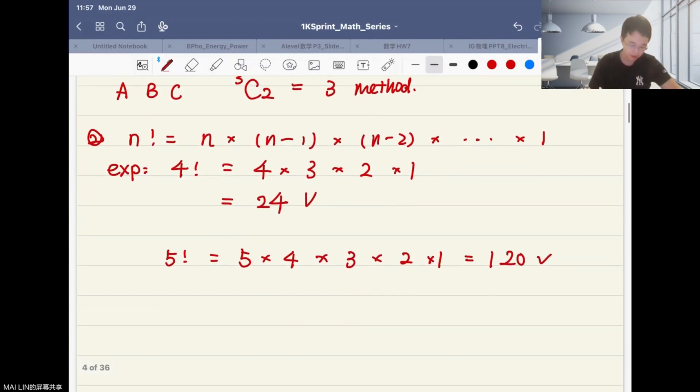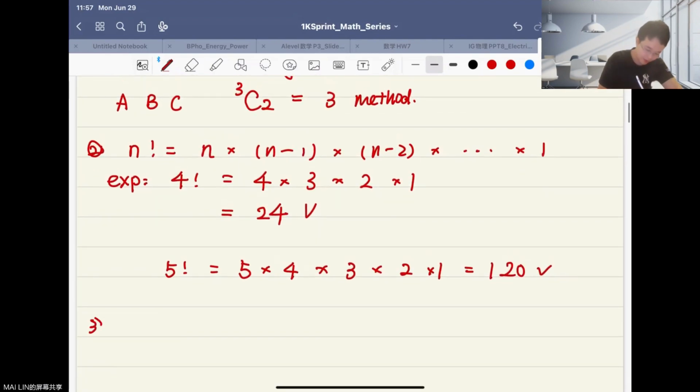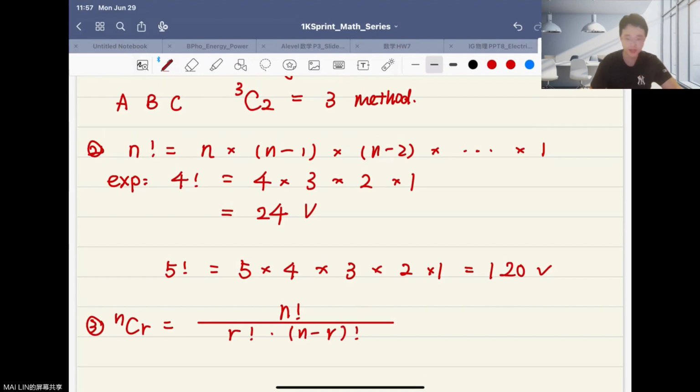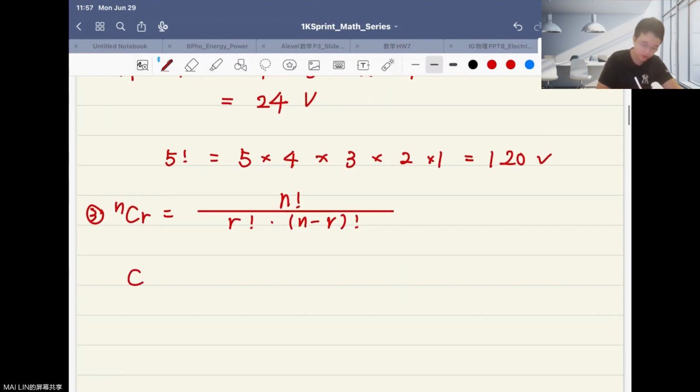And also, for the combination, we can say nCr can be calculated as n factorial over r factorial times n minus r factorial, okay? So for example, you can calculate 6C3 as 6 factorial because n equals 6, and r equals 3, so it's 3 factorial times 6 minus 3 factorial.